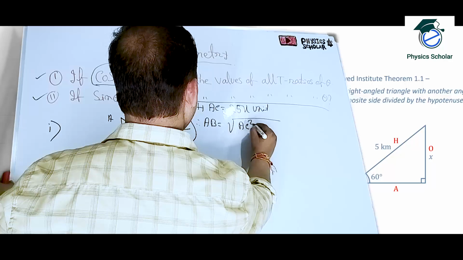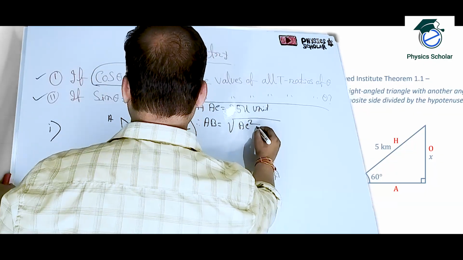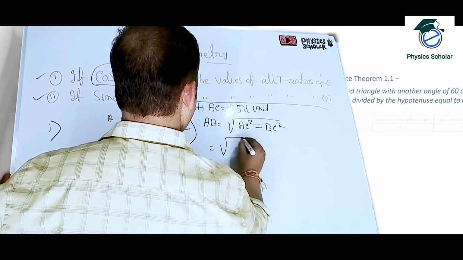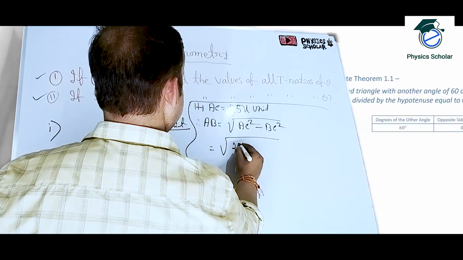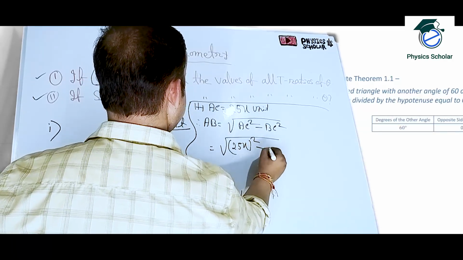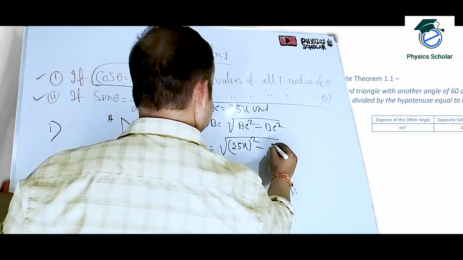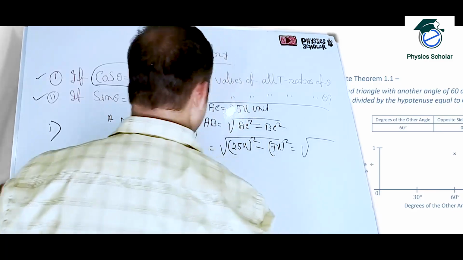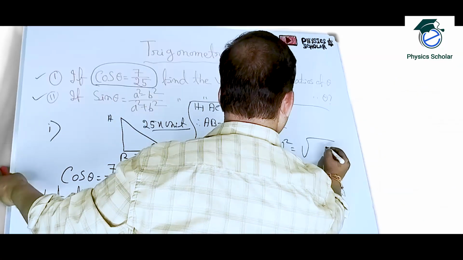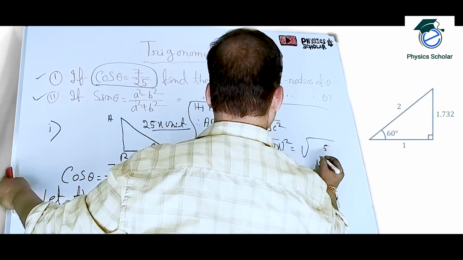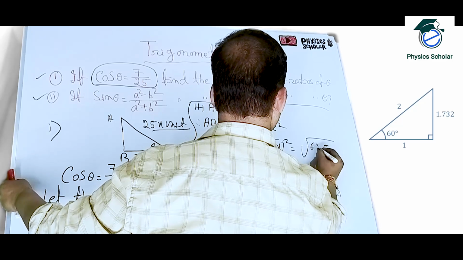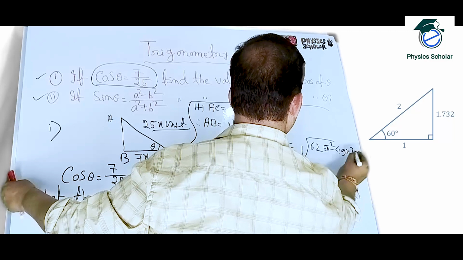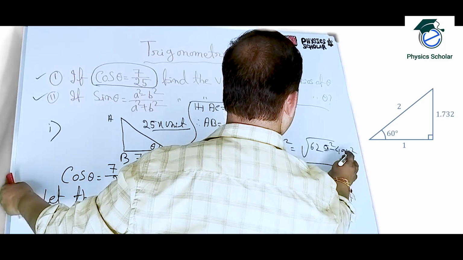Okay. So it will be AC square, perpendicular, hypotenuse square minus base square BC square. So what is the value of AC? 25x square minus what is the value of BC? 7x square. That means 25 into 25. Okay, so it is like this.